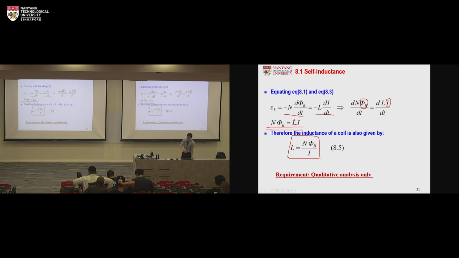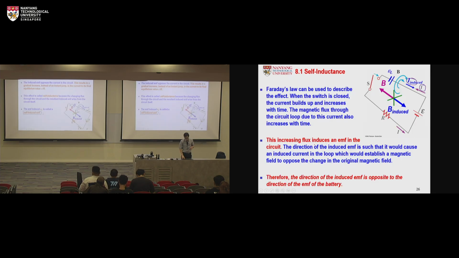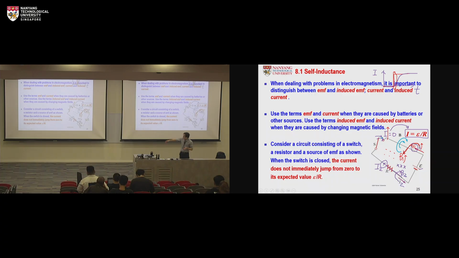So again, for those formulas, what is important for you is to understand the physical picture. Pretty much that is what we discussed here: how exactly the electromagnetic induction happens in a circuit.